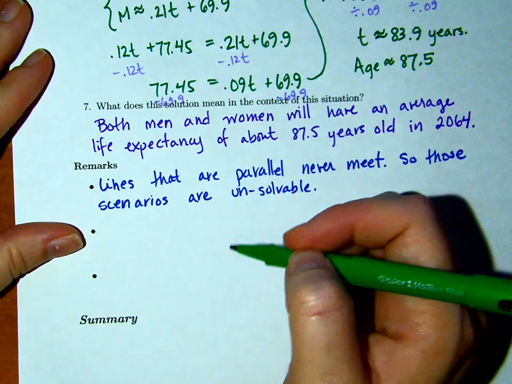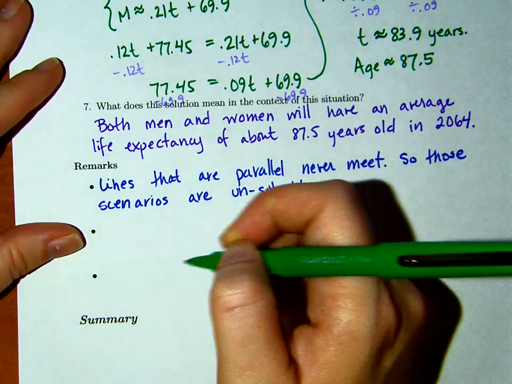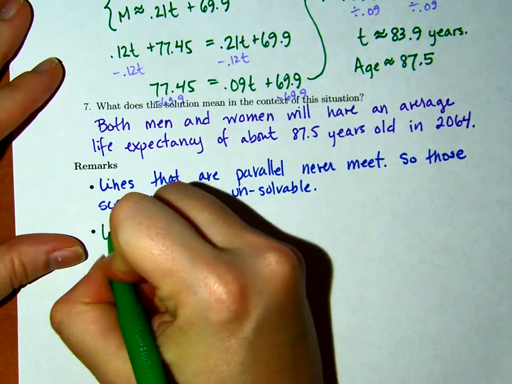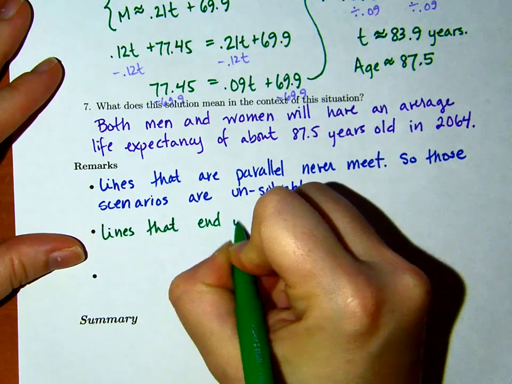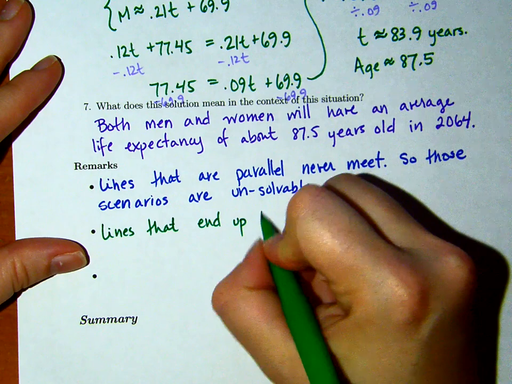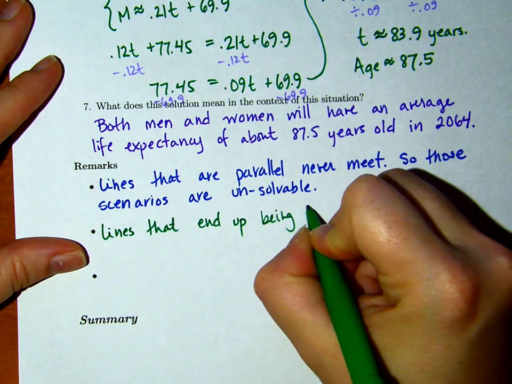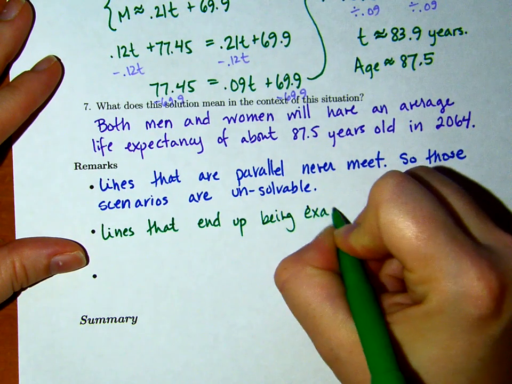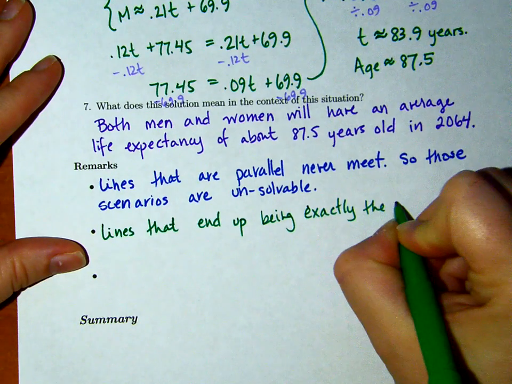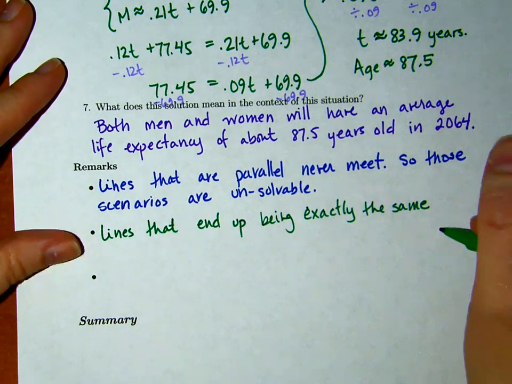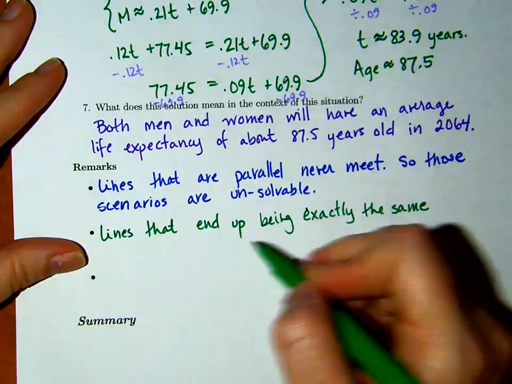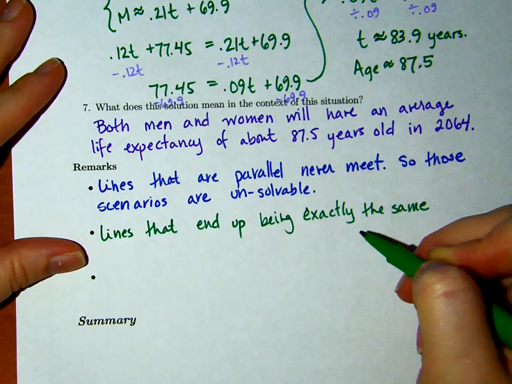Okay, so lines that end up being exactly the same are scenarios where anywhere along that line is a possible solution.